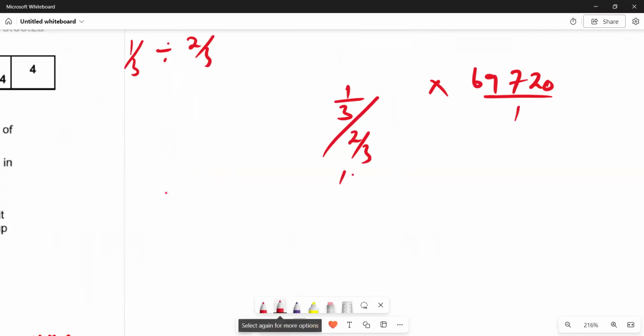If you remove this division sign and put multiplication, it becomes 1/3 times, then we invert the denominator, so 3 becomes the numerator and 2 becomes the denominator.